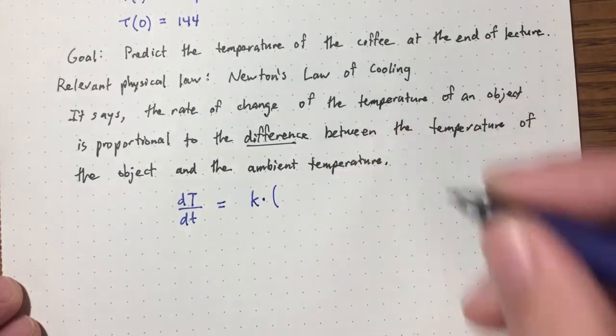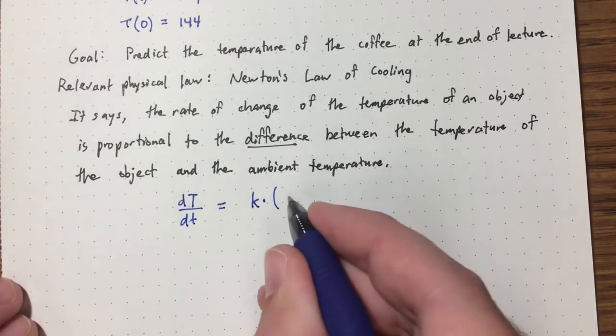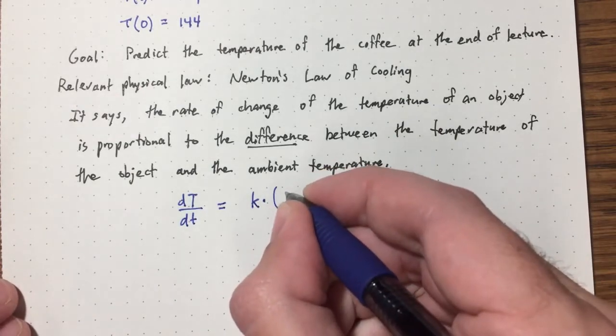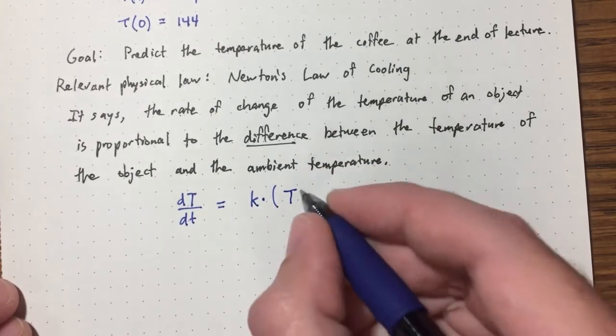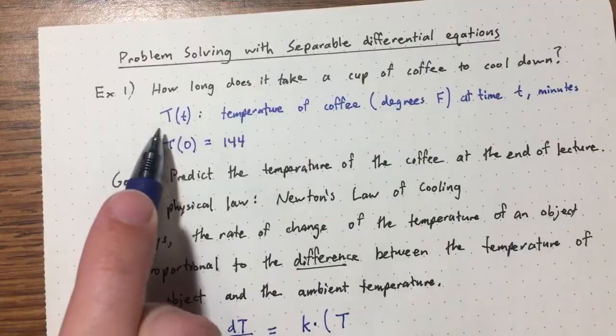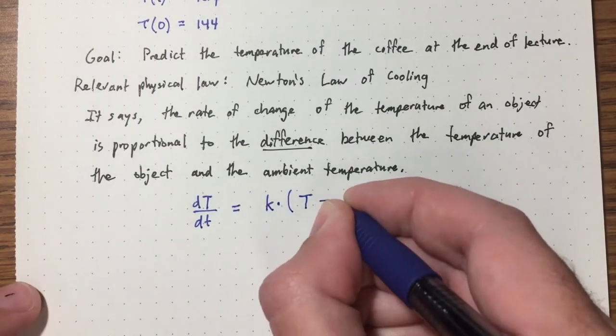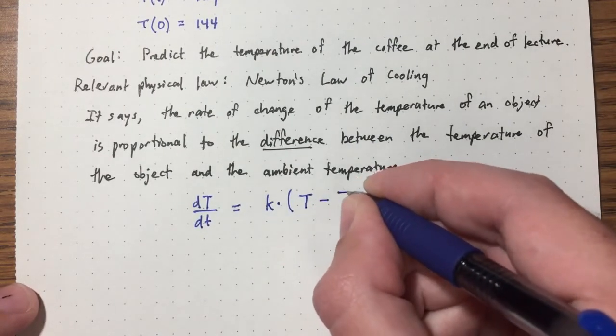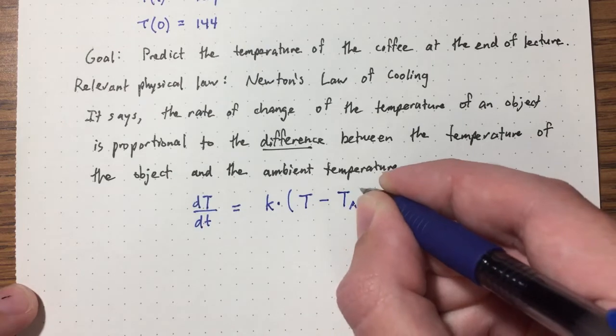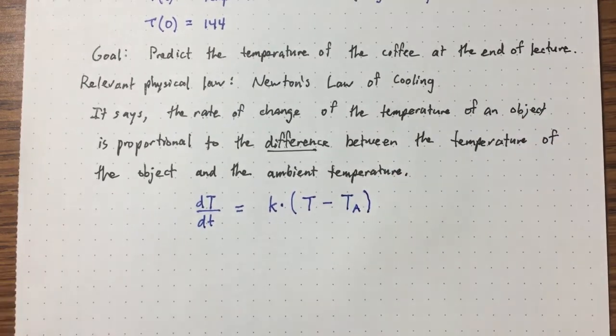So there's a little bit of ambiguity here. So it looks like I could do that either way, right? So let me just write one of them down. So let's say temperature of the object, which is this function T, right? At any time, this is the temperature of the object, minus the ambient temperature. So I'll just call that T sub A for the ambient temperature.